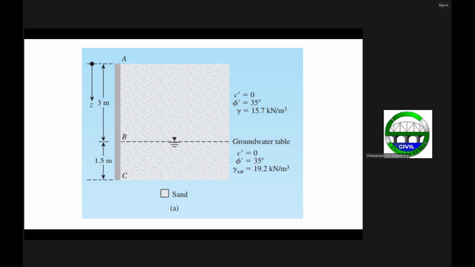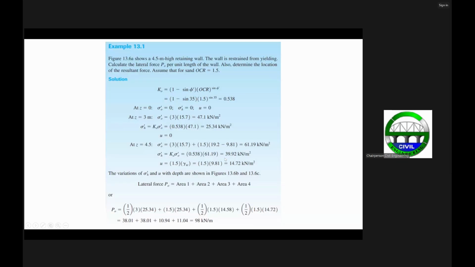The effective unit weight is the saturated unit weight 19.2 minus the unit weight of water, 9.81, which gives this value.